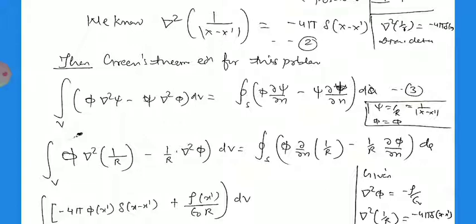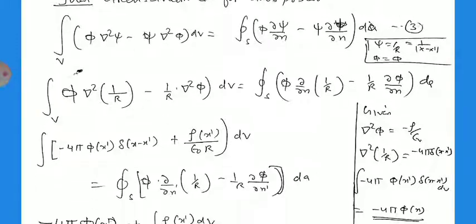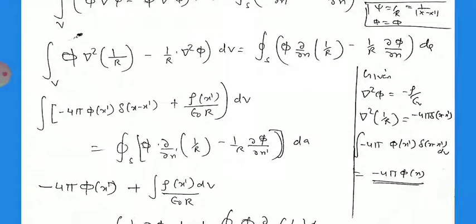And we have given that del square phi equal to minus rho by epsilon naught, and del square 1 by r equal to minus 4 pi delta of x minus x dash. So substituting these values, we obtain the volume integration of minus 4 pi phi of x dash delta of x minus x dash plus rho of x dash by epsilon naught r equal to the surface integral of phi del by del n of 1 by r minus 1 by r del phi by del n dA. And using this formula, minus 4 pi integration phi of x dash delta equal to minus 4 pi phi of x, this gives the potential.